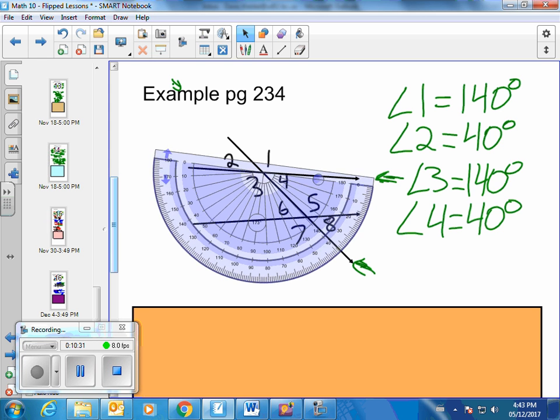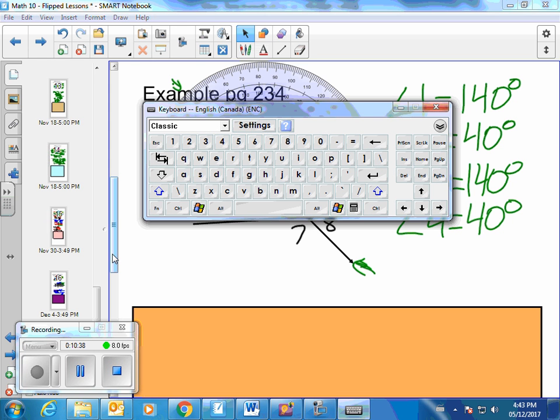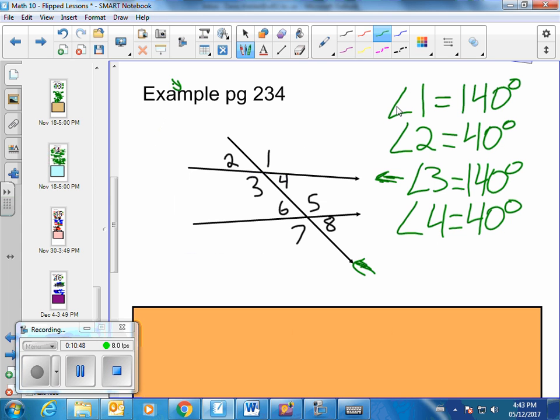What you should find out if you've done this right, and I'm actually going to delete that. Oh, maybe I'm not going to delete that. Okay. What you'll actually find out is that these corresponding angles, so angle 1 and angle 3, are going to be equal.